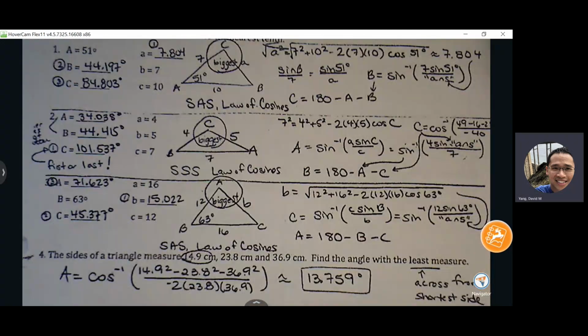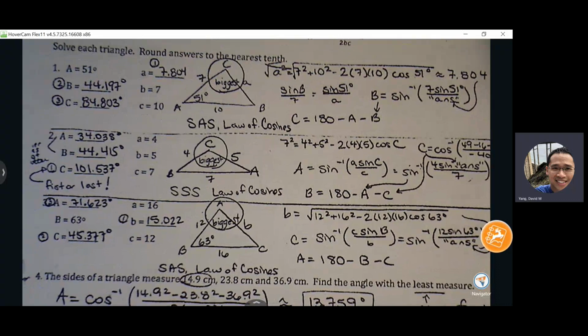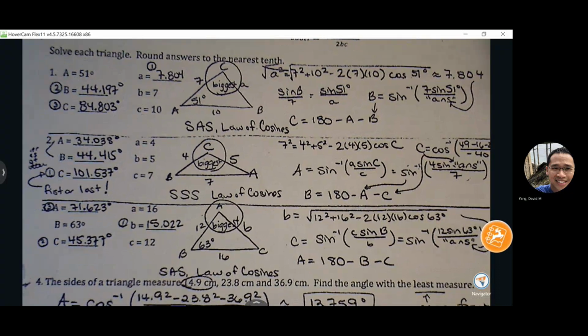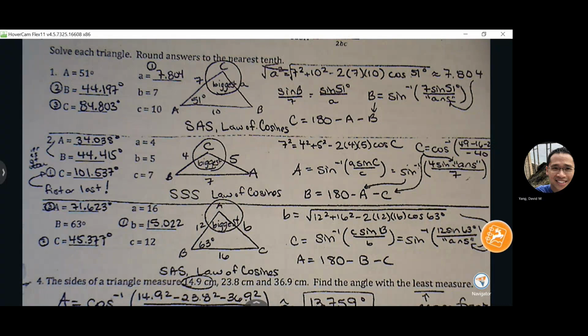Let me just show the answers for 1 and 2 for those of you who want to check your answers, but I can work through them in detail as well. Number 1 is a side and equal side.